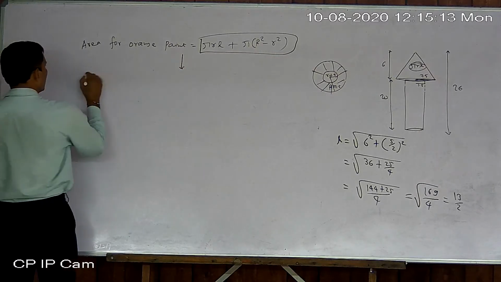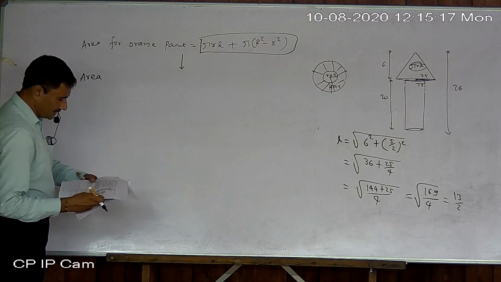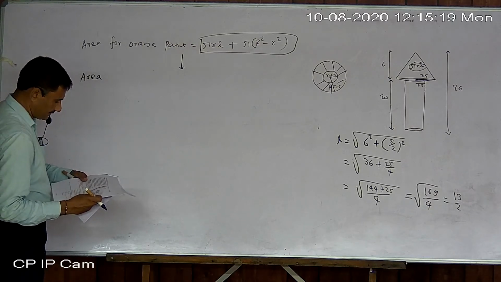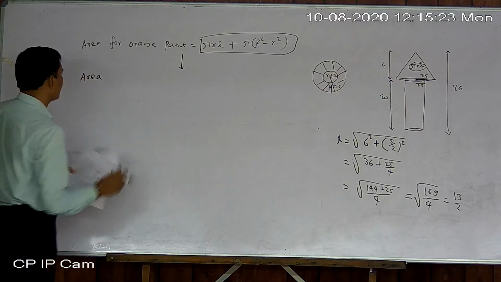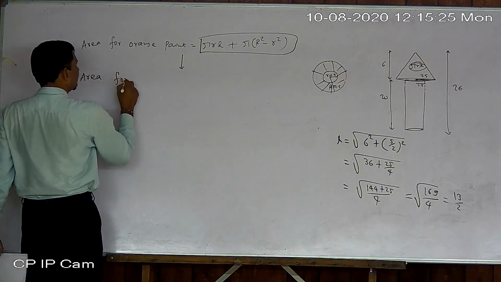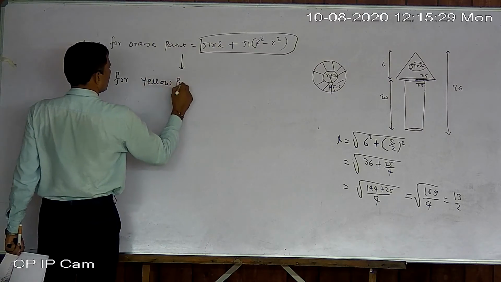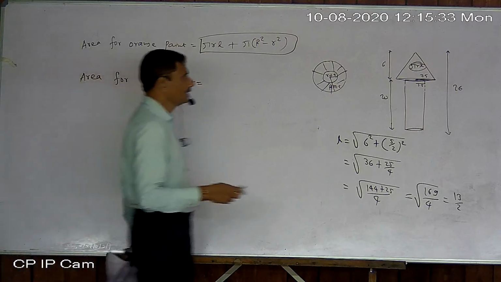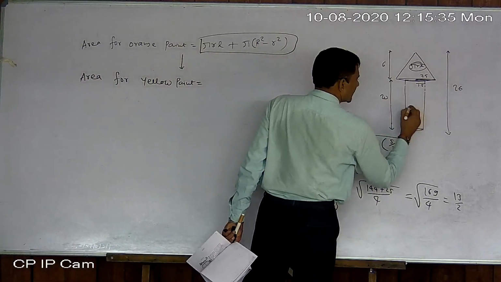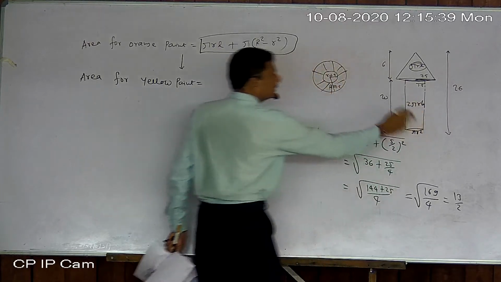Now the area of the cylinder. The cylinder is painted a different color, yellow. So area for yellow color will be what? CSA again, 2 pi r s plus pi r square. Why?